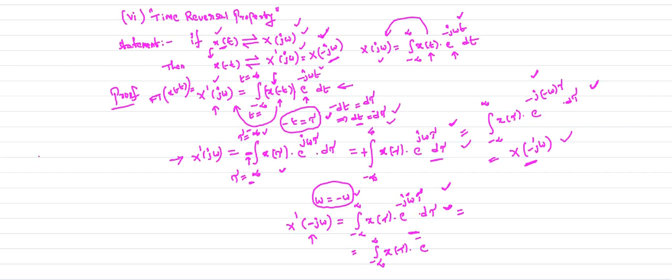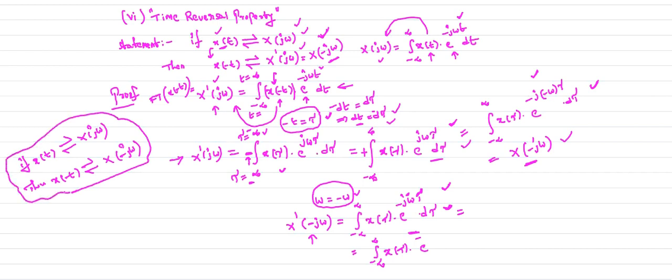The time reversal property is simply: x of t is the time domain signal given to you, its Fourier transform is x of j omega. Then what is the Fourier transform of x of minus t? It is nothing but x of minus j omega. So this is your time reversal property of the Fourier transform.